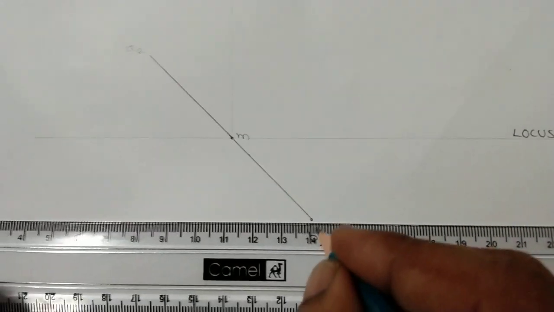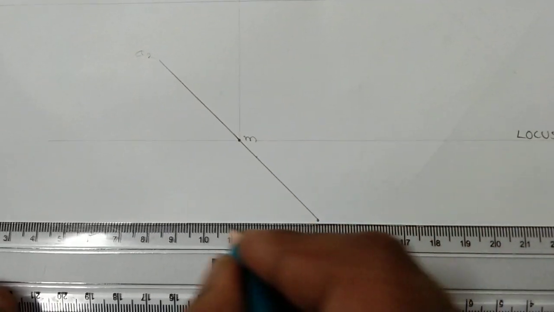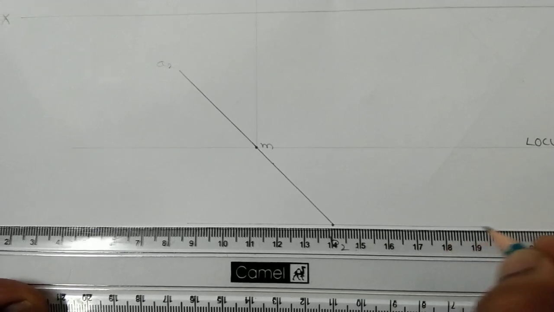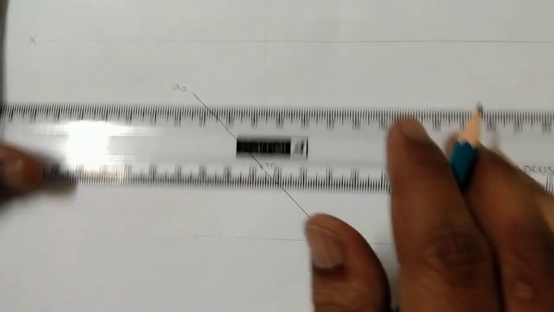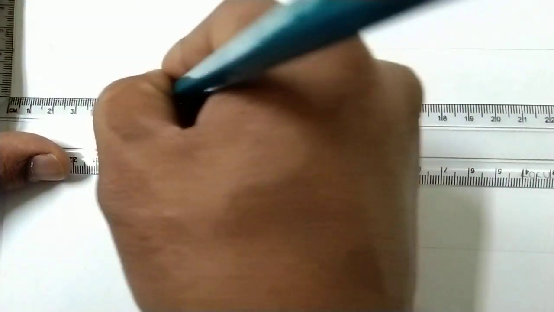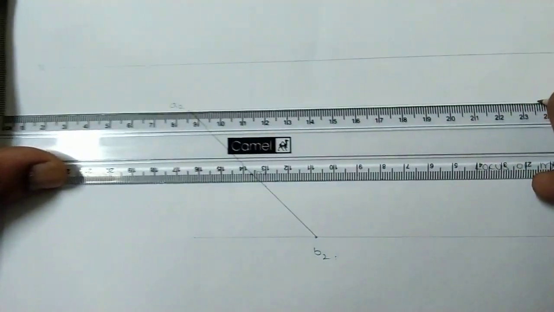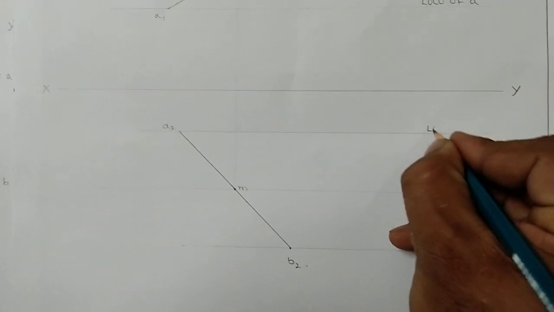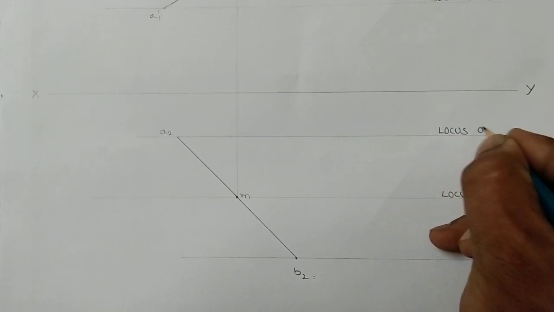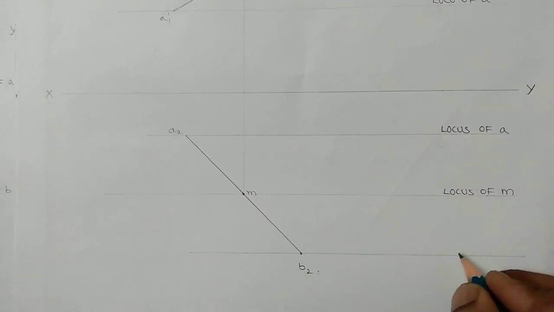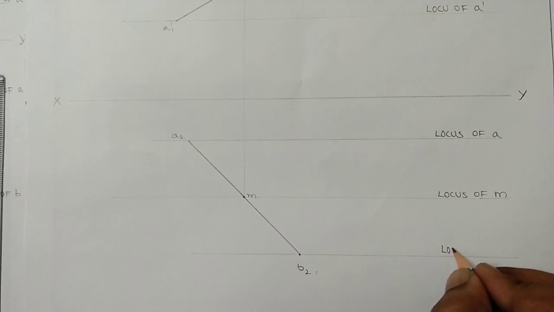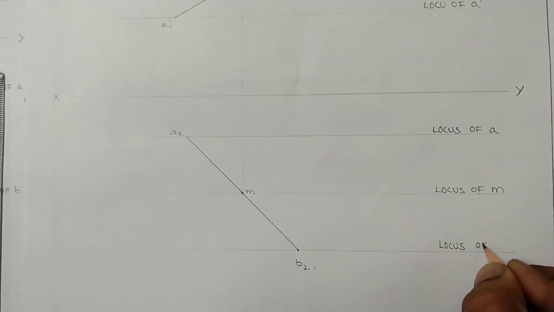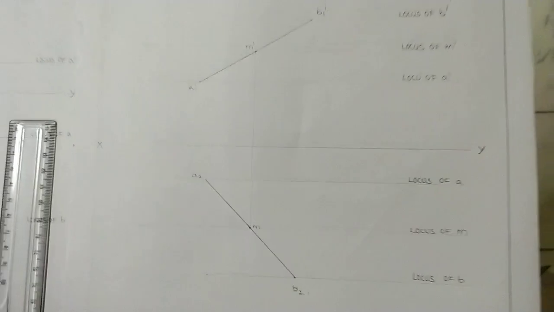That is it. So this is the locus of small b. Similarly, this is locus of small a. So here I can write the locus of a. Similarly, locus of small b. That is over.